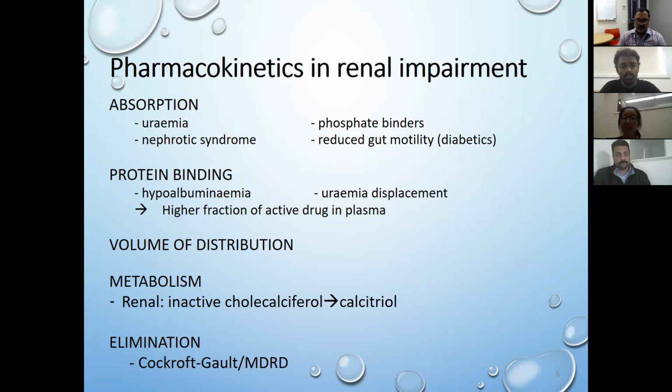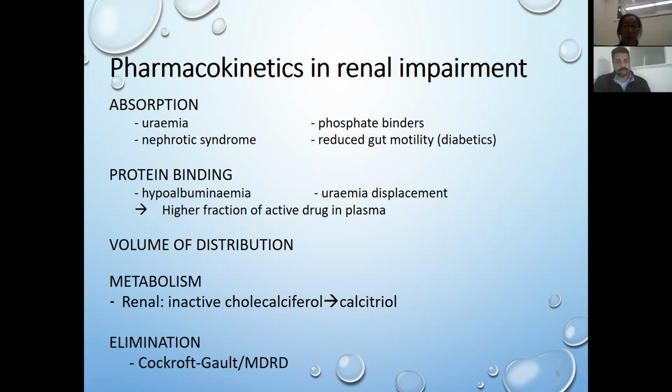Now, the kidney is actually the site of metabolism for some drugs, including cholecalciferol and active calcitriol, and it's also our main site for insulin metabolism. So as renal function deteriorates, we find that patients may not need as much insulin as they once needed.